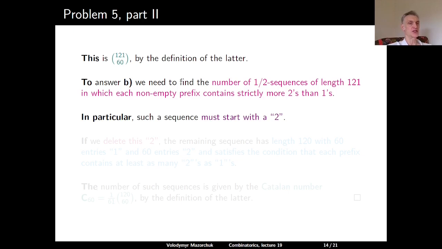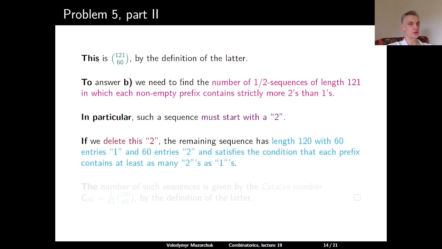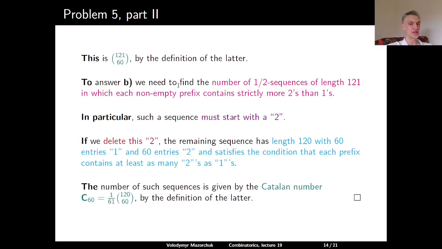And then if we delete this 2, the remaining sequence has length 120, it has 60 1's and 60 2's, and it satisfies the condition that each prefix contains at least as many 2's as 1's. But then the number of such sequences is exactly the Catalan number C60 by the definition of the Catalan number, and C60 can be described as 1 divided by 61 times 120 choose 60.